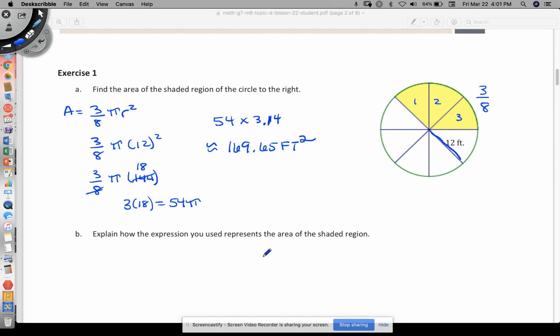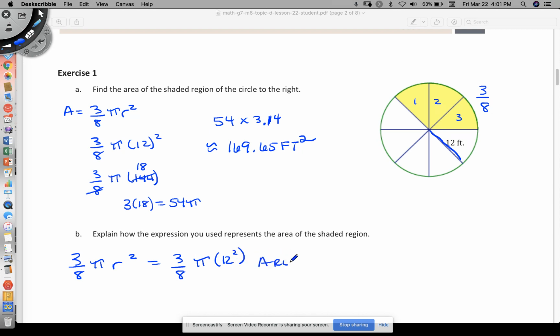Explain how the expression you used represents the area of the shaded region. So the equation we used was 3/8 pi r squared, and we transferred that into 3/8 pi 12 squared.